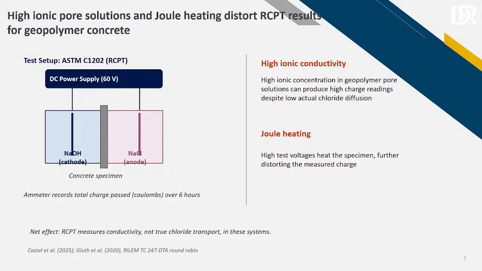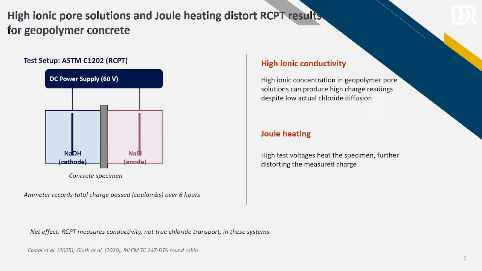Because the thing about this test is when you're trying to understand the chloride ingress, you don't count the chloride ions passing through. You look at the total charge passing through your material, and that makes things a bit complicated.